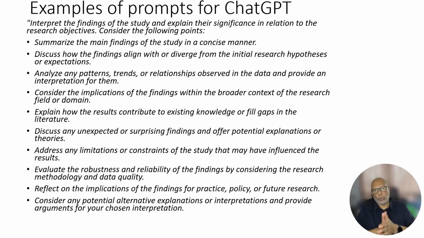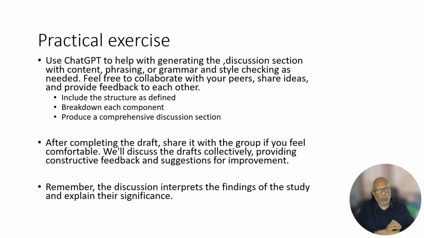Here again, you could preempt this by providing the structure of the discussion in a very good quality paper that you think is aligned to your research theme, and then ask the generative AI to write in a similar structure, pattern, and style based on the prompt that you have used to contextualize it for your research.